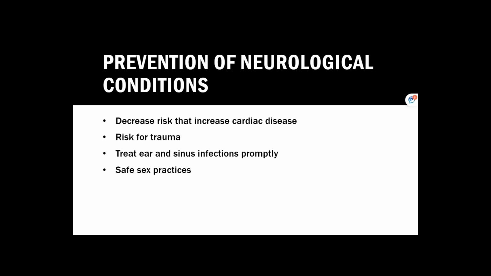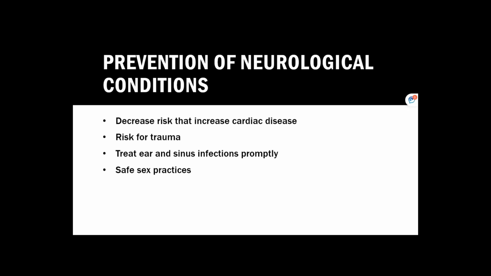Obesity, of course, can increase cardiac disease, as can stress and lack of exercise. So all of these things that can increase cardiac disease, we want to try to decrease in order to decrease the risk of any neurological conditions related to those.